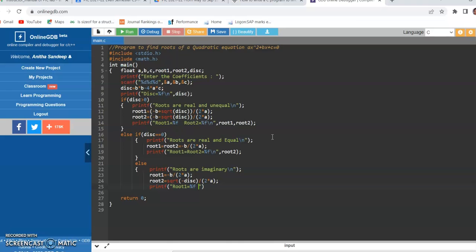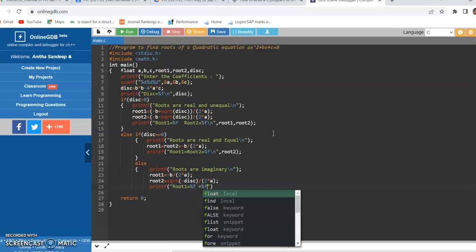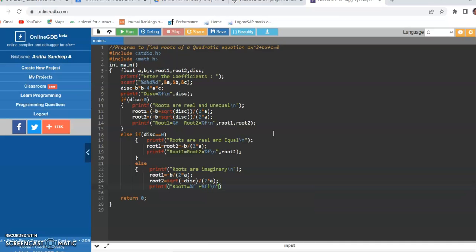So root 1 is equal to real root 1 plus percentage f i backslash n comma root 1 comma root 2.